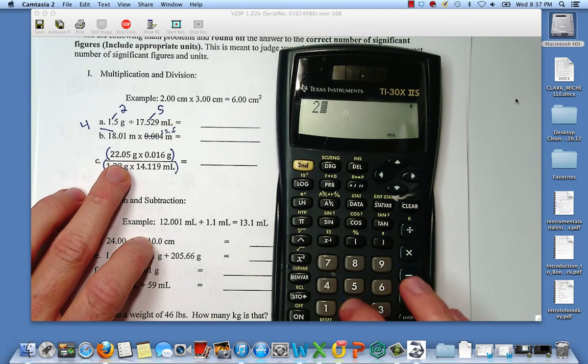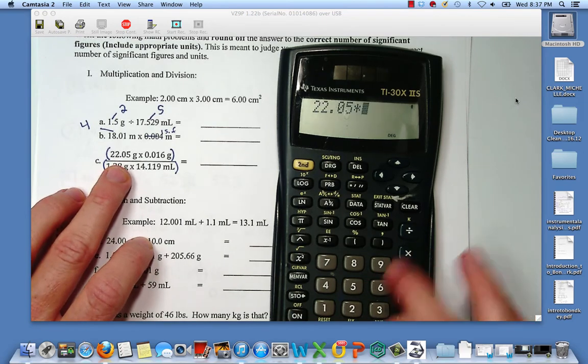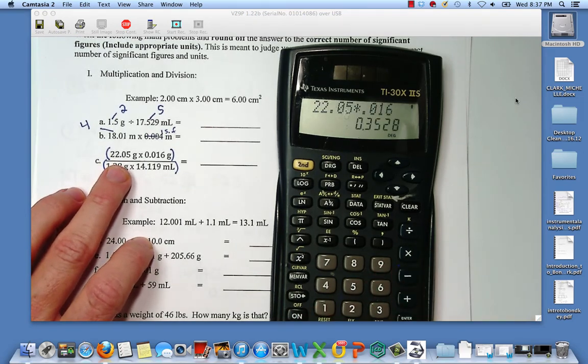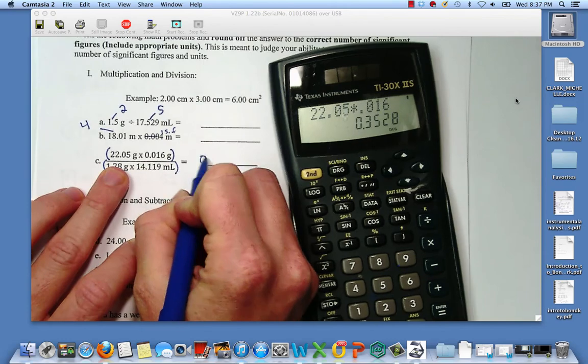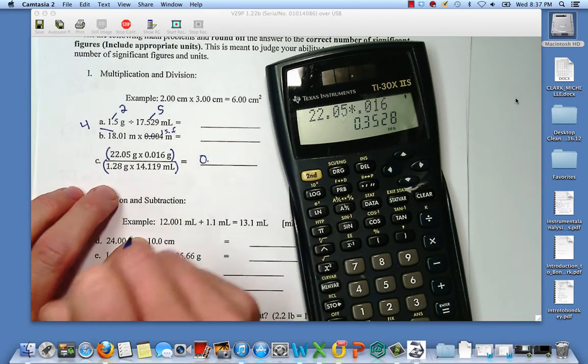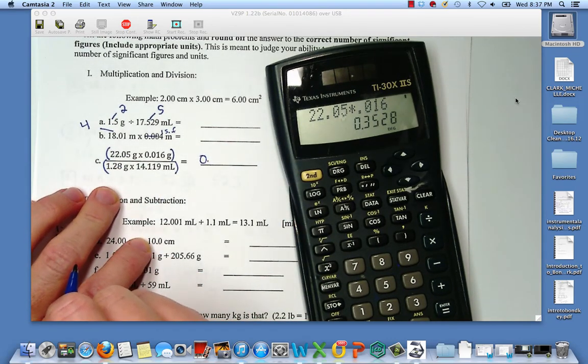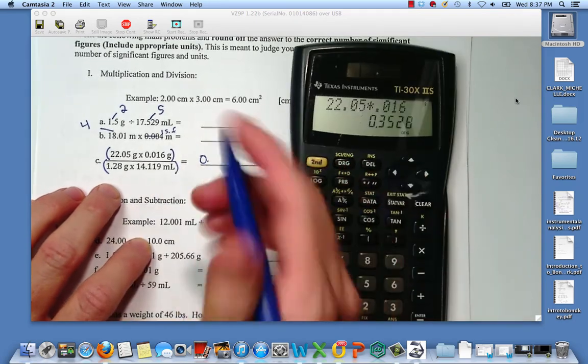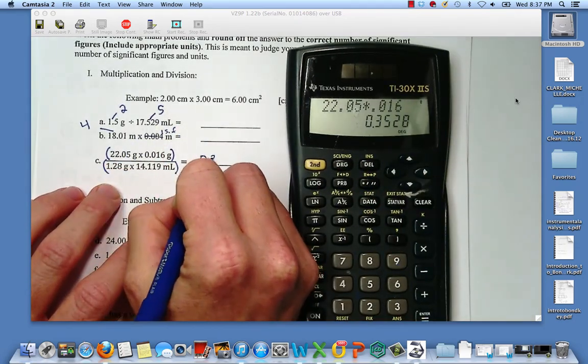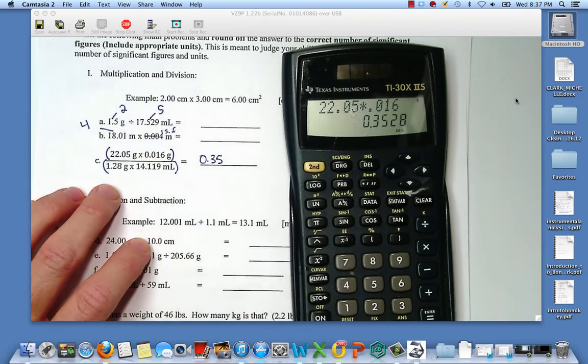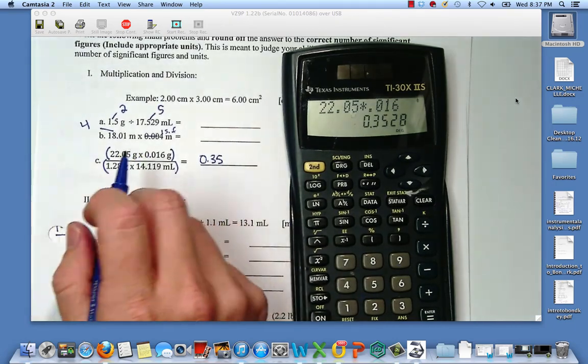So 22.05 times 0.016. How many sig figs should I have in that one? 2. So 0.35. And what are the units on that one?